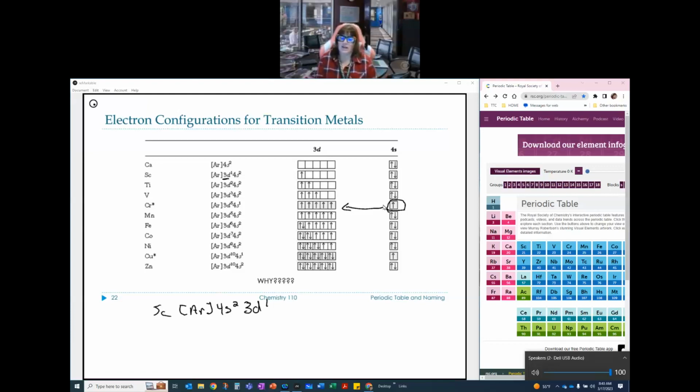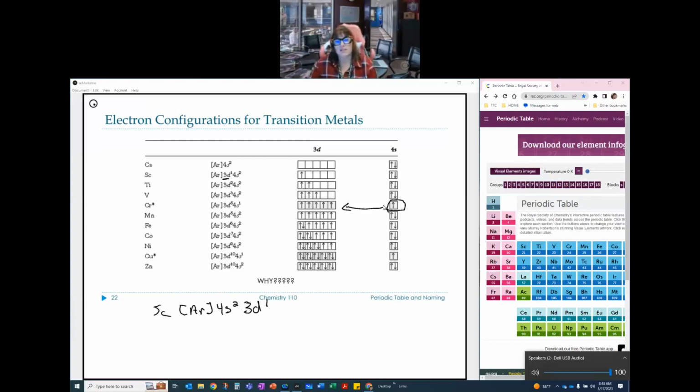The reason that happens is because, again, when I have an orbital that's half full, I get some particular stability from it. So having the half full d and the half full s is more stable than having 4 in the d and 2 in the s. They're very similar in energy, that 4s and that 3d. So we get additional stability from having them both half full.